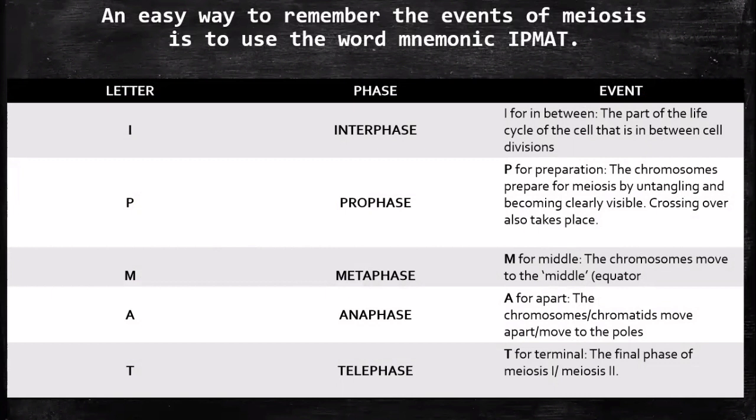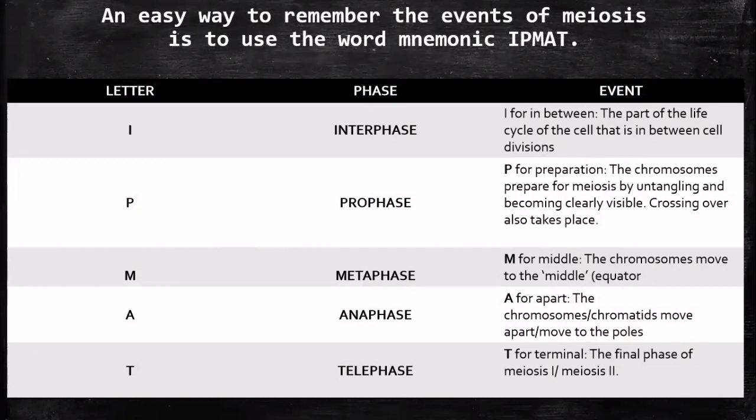Okay? Then they will ask you what's the first stage or the first phase of meiosis. Then that's when you say prophase. The first phase of meiosis is always prophase, just like mitosis. Interphase comes before meiosis. It's just a phase between these two cell divisions. Okay?